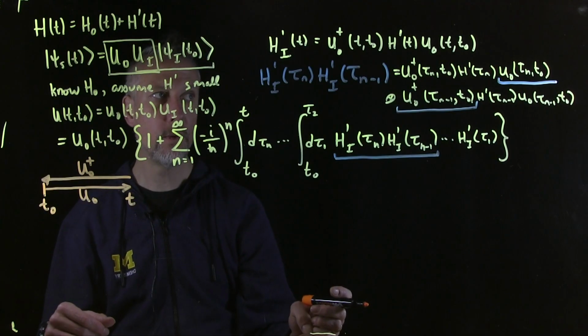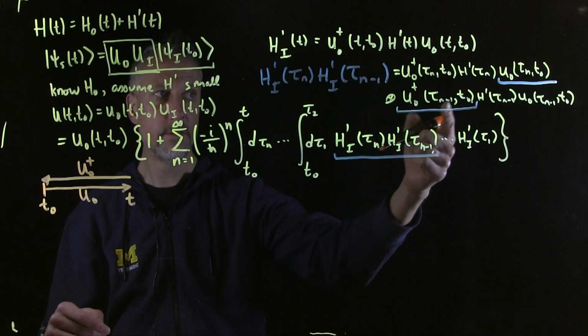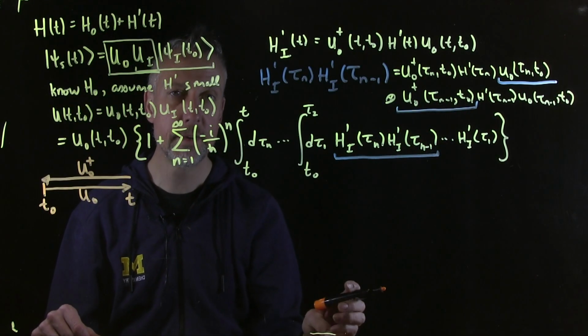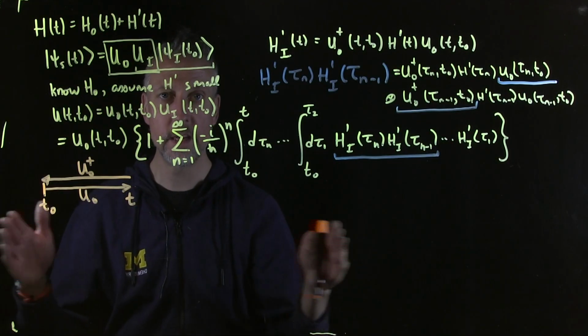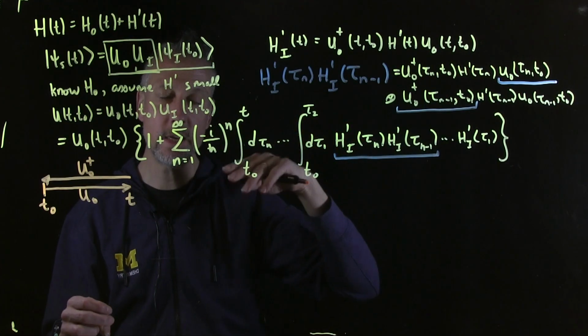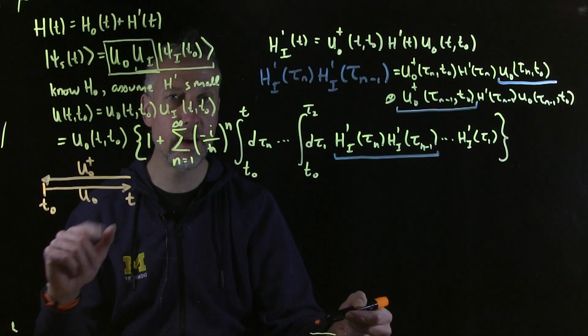Okay, so let's think about what's happening. The first one is going to take us from t naught to tau n minus 1. Now here's the other thing that you can do with time evolution operators: they add, essentially, if you make a product of them. They're these exponentials, and if you make an exponential like e to the a times e to the b, it would be e to the a plus b. Now you have to be careful about that.